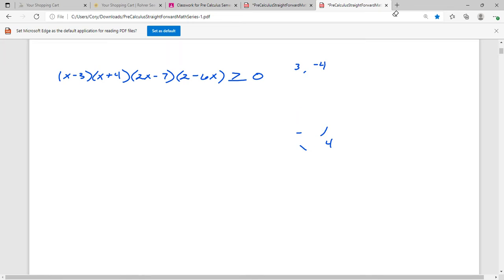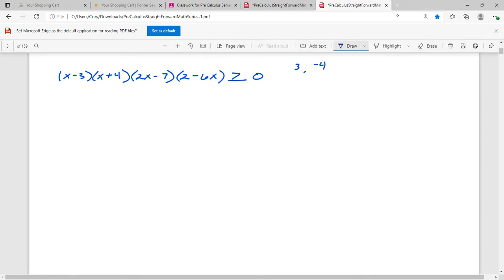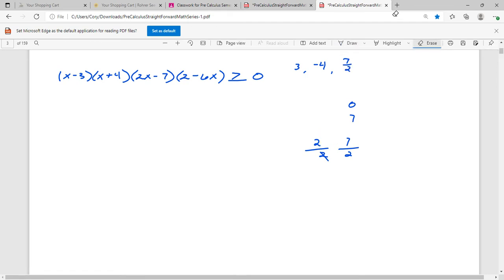The next one is 2x minus 7 equals 0, so I do plus 7. 2x equals 7, divide by 2, divide by 2. So x equals 7 over 2, which is really 3 1/2. Half of 7, 3 1/2.